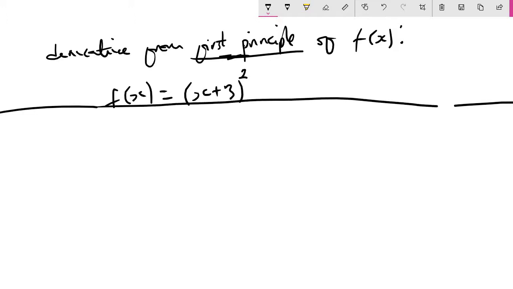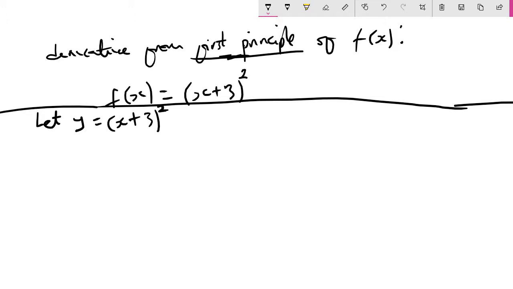Okay, so again, f of x is this. I've already written it. So let y be equal to (x plus 3) all squared.